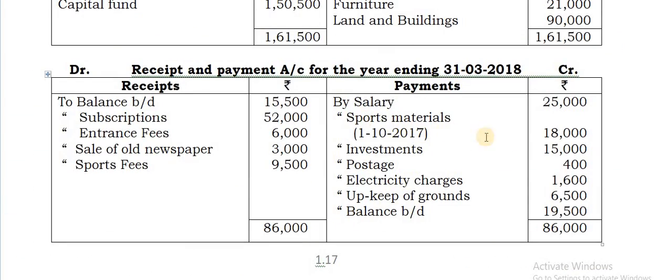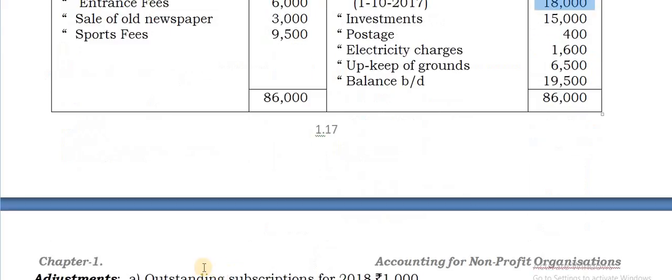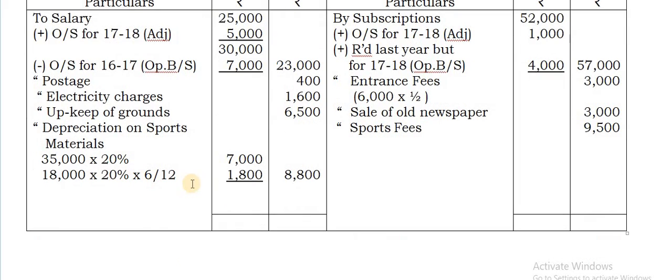These sports materials were purchased during the current year, so on them you calculate only for 6 months. So that gives you totally 8,800 rupees.